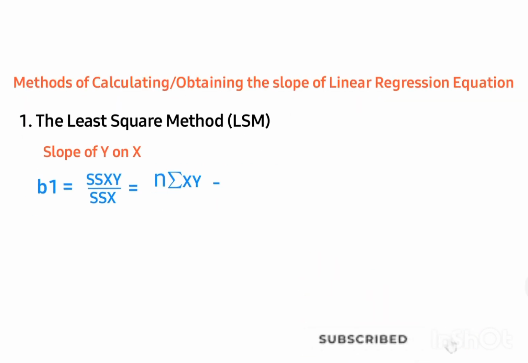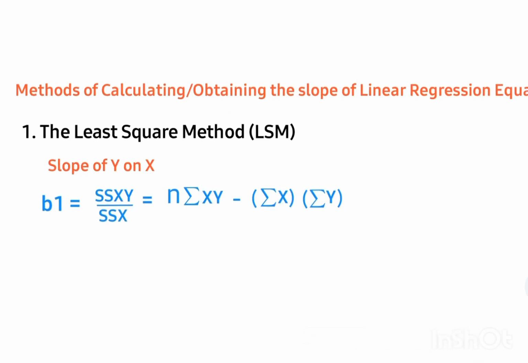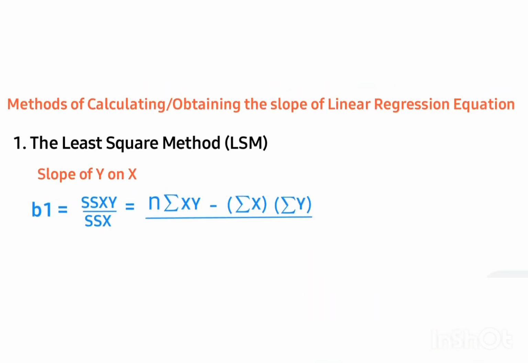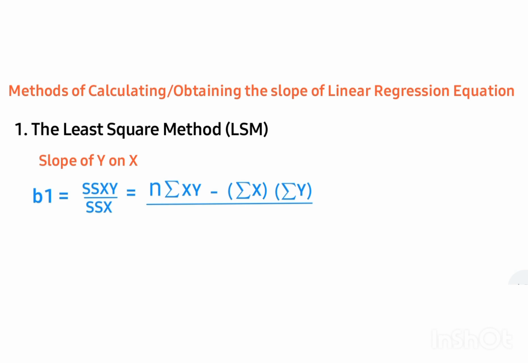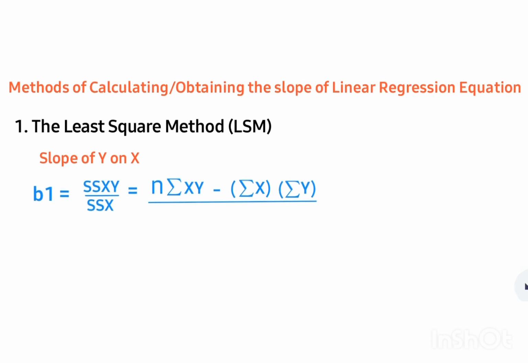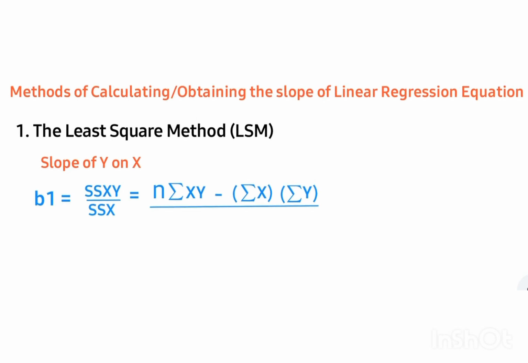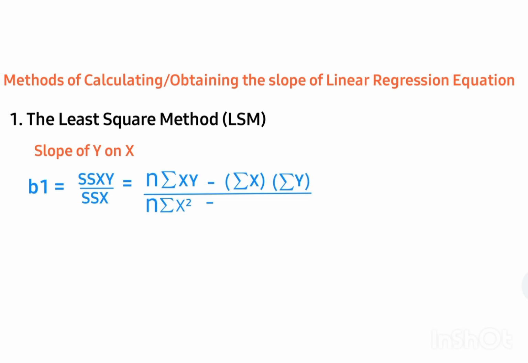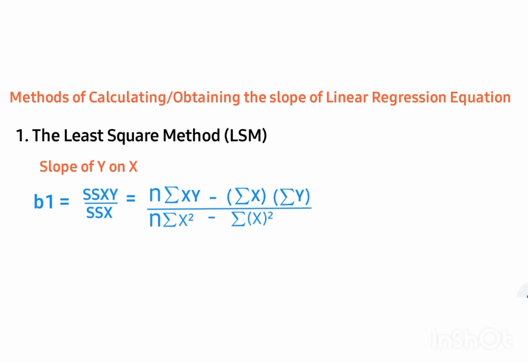And sum of squares x equals n summation x squared minus summation x all squared. All in all, this is the formula we use to calculate the slope of y on x.